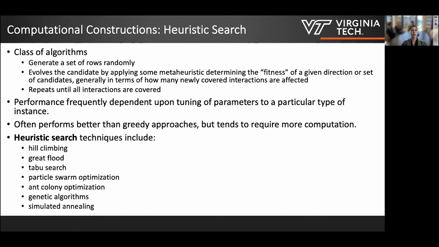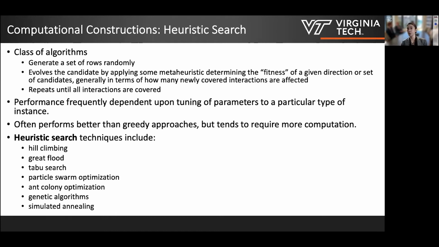Performance frequently is dependent upon tuning of parameters, and this can vary depending on the type of instance. It often performs better than greedy approaches, as there are opportunities to continue to manipulate an array once you've started to build it, but it tends to require more computation. With greedy approaches, once we've made a decision, we have built a row.